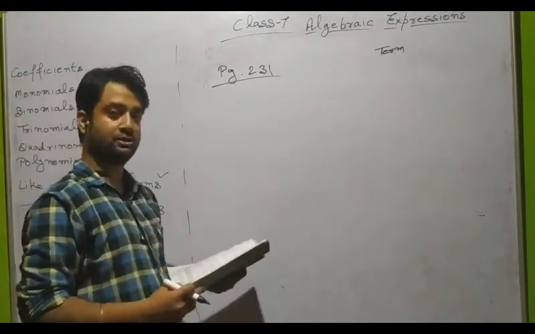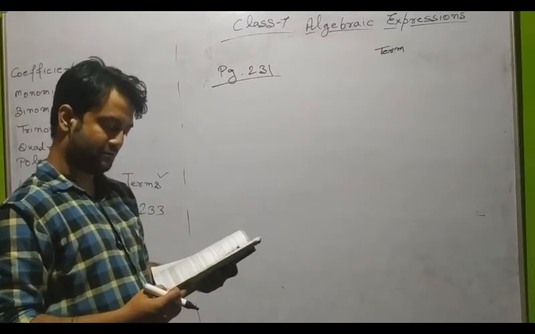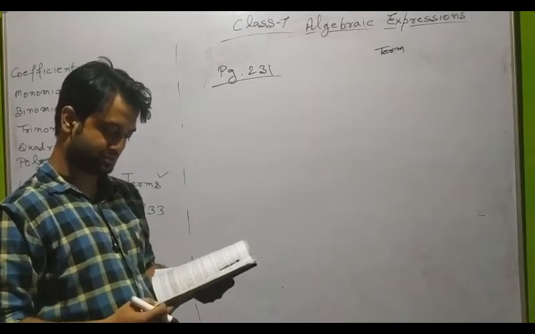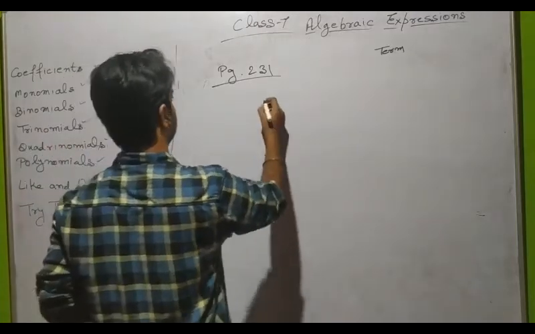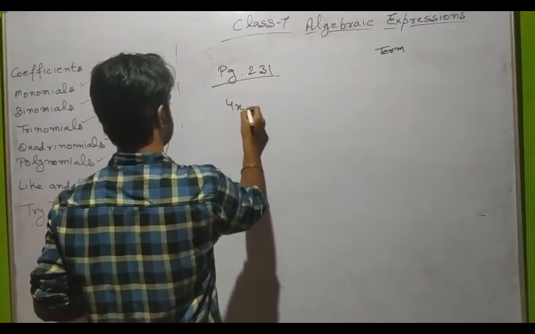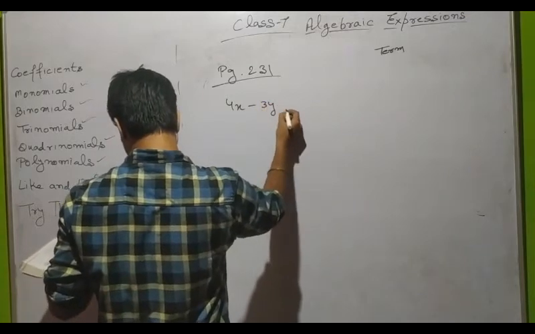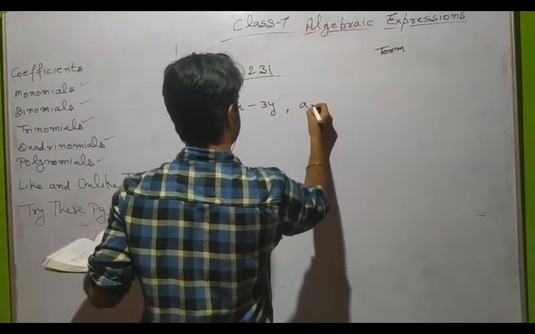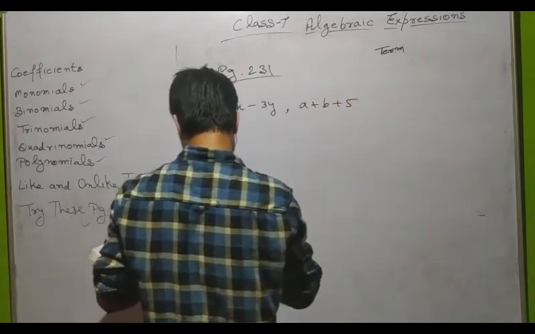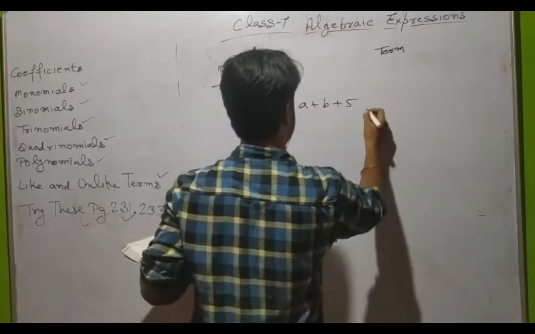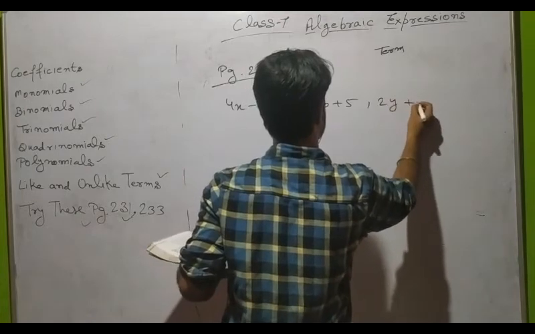On page number 231 at the bottom, you have to find out the coefficient. So first is 4x minus 3y, a plus b plus 5, 2y plus 5.